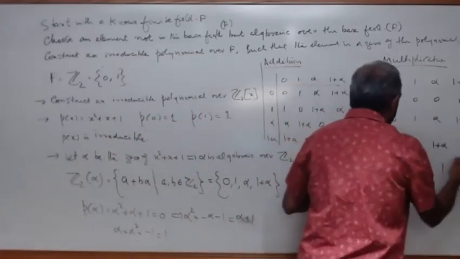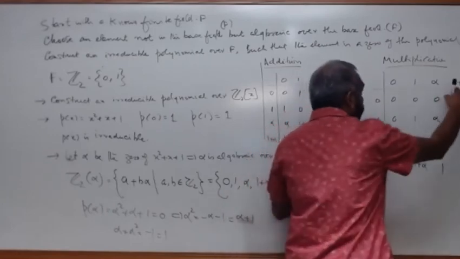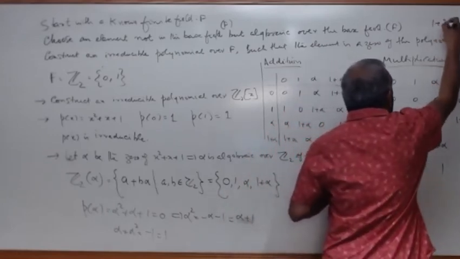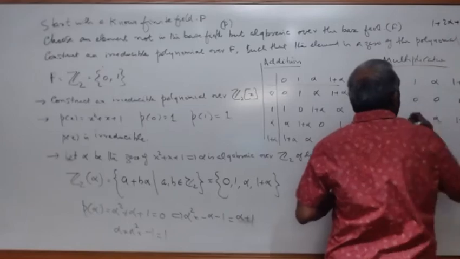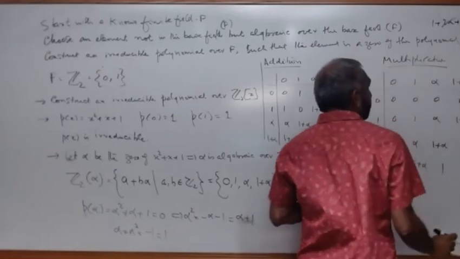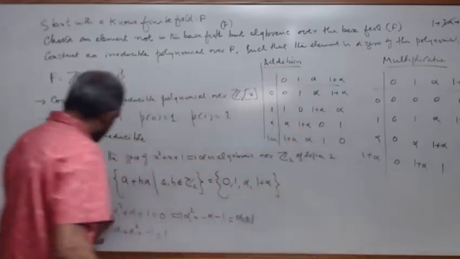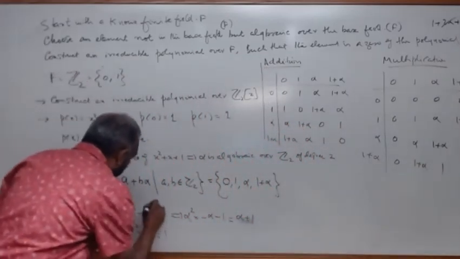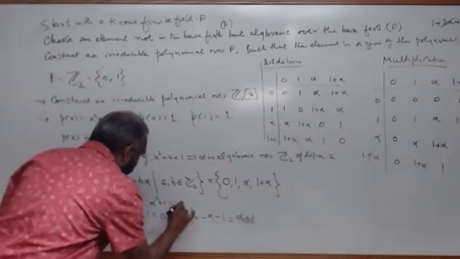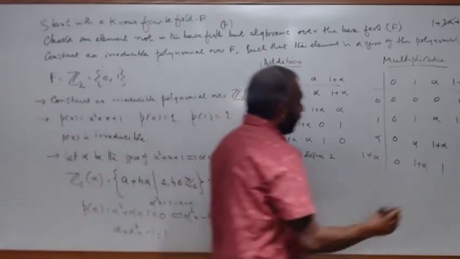And here it will be 1 plus alpha times 1 plus alpha, which is 1 plus 2 alpha plus alpha squared. 2 alpha is gone because that is 0 in Z2. Alpha squared plus 1 is minus alpha, which is alpha. So this is alpha.